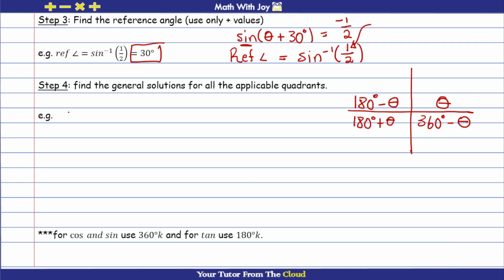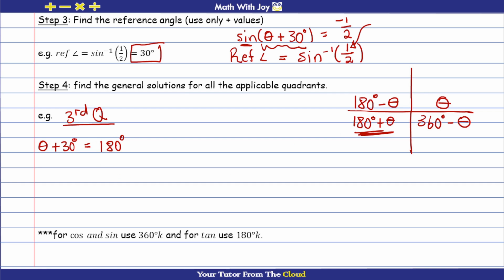So now we know that our applicable quadrant is quadrant 3. So we are going to work with the third quadrant and find the general solution in the third quadrant. To find the general solution, you must take the angle that you had. The angle we had here was theta plus 30 degrees. It is equal to, in the third quadrant, our reduction angle looks like 180 degrees plus theta.